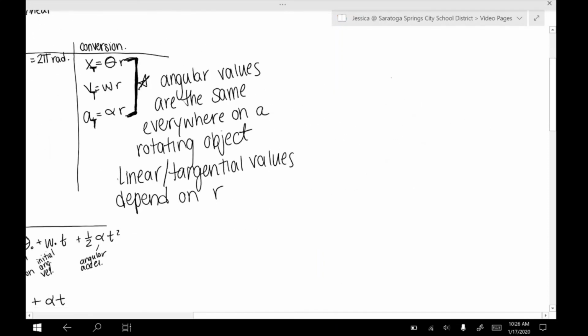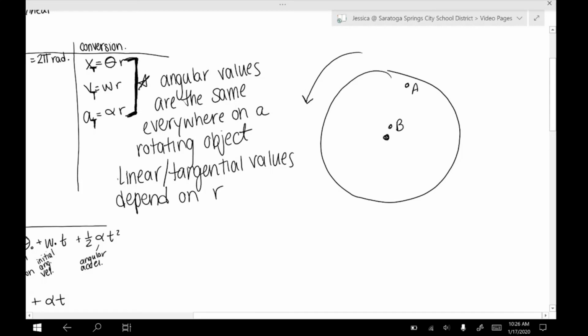Okay? So if we have an object here that is rotating counterclockwise, at any given point in time, the angular displacement of A is going to be equal to the angular displacement of B, but the tangential or linear displacement of A is going to be larger than the linear displacement of B, because A is at a larger distance from center.